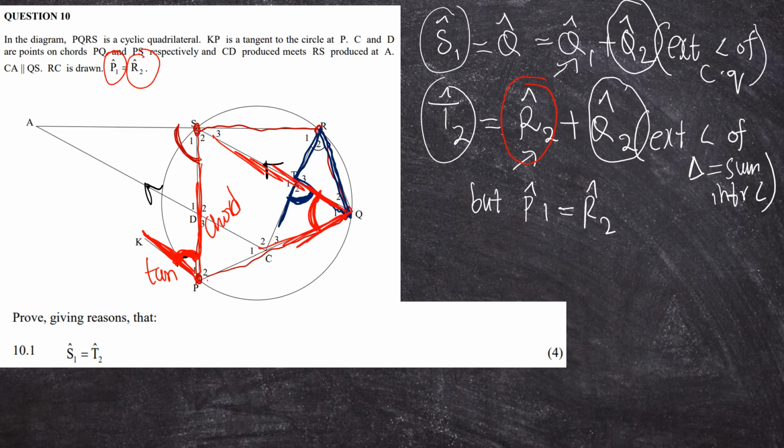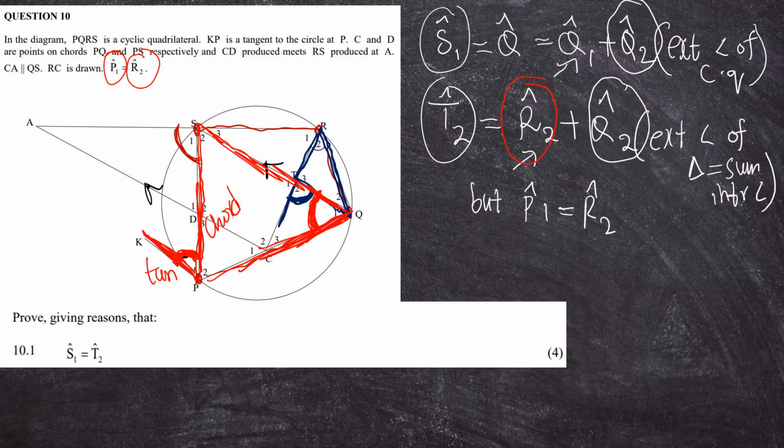These are the two other chords that are coming from the same chord, right? So the angle between a tangent and a chord is equal to the angle subtended by the two other chords on the circumference, meaning we can think of Tan-chord theorem.